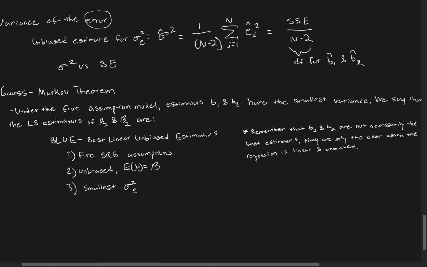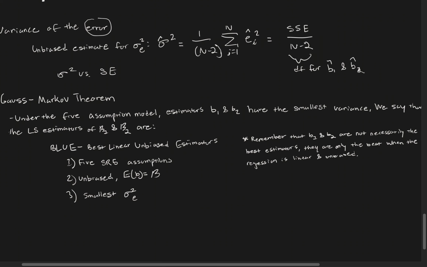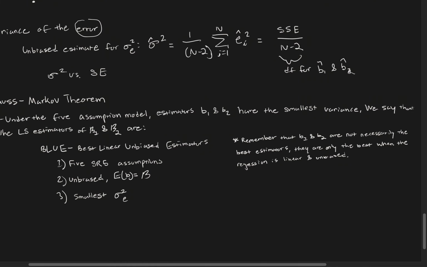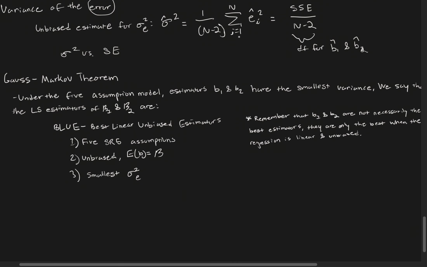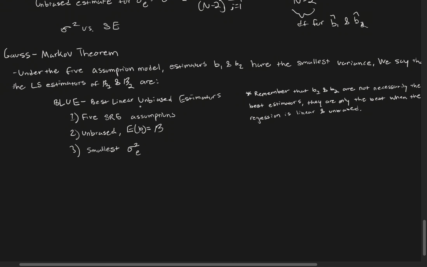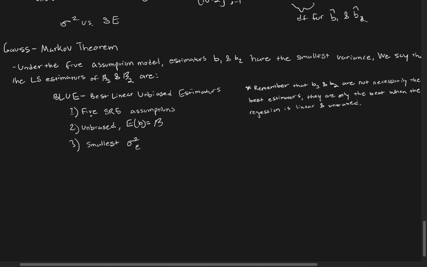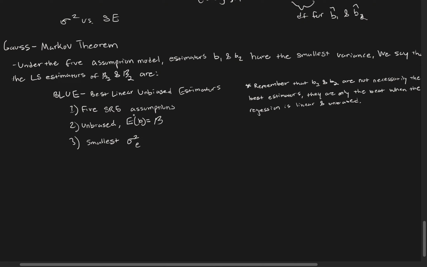Again, that makes sense because the variance is based off the sum of squared errors, and I went over multiple times how the sum of squared errors must be minimized for us to fit the data. And so if this is true, we say that the LS estimators, or the least squares estimators of beta 1 and 2, are BLUE, an acronym for best linear unbiased estimators.